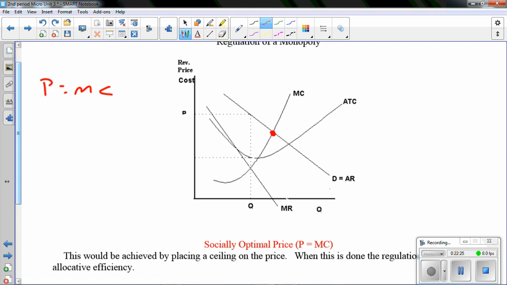It's not producing where price equals marginal cost. Will a monopolist ever be allocative efficient? Never. Because of the slope of the marginal cost curve and the slope of the marginal revenue curve, a monopolist will never, ever be allocative efficient, ever. Short run or long run.